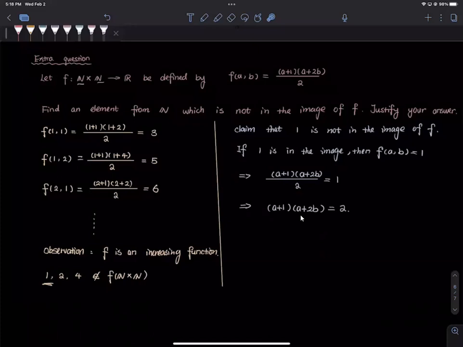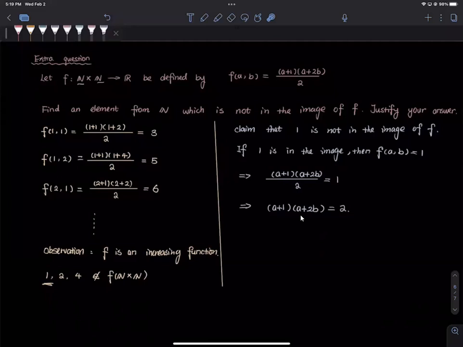A plus 1 is greater than or equal to 2. Why? Because a is greater than or equal to 1. And then do the other side. Okay.